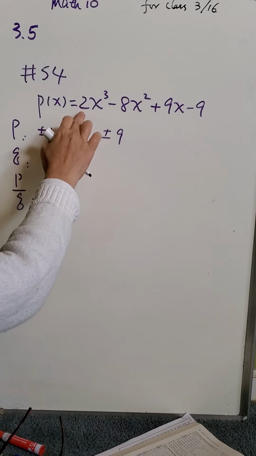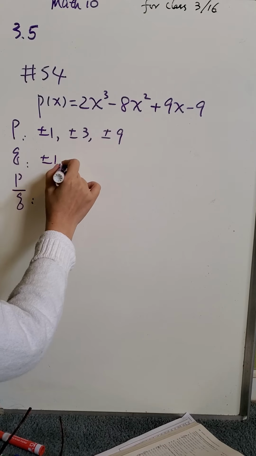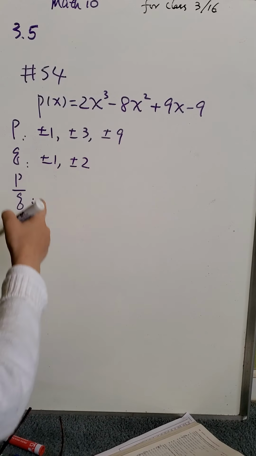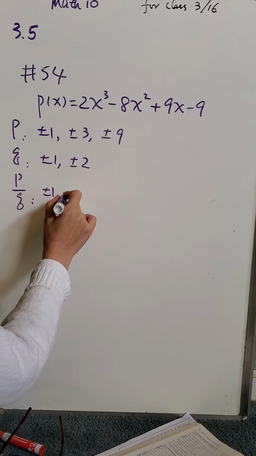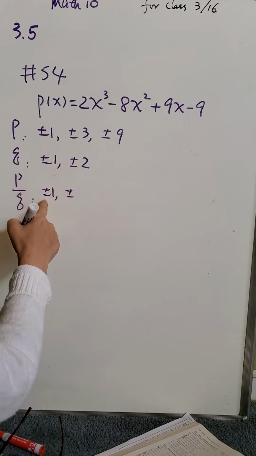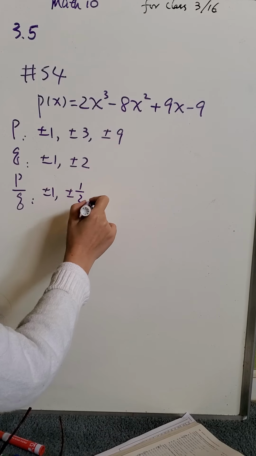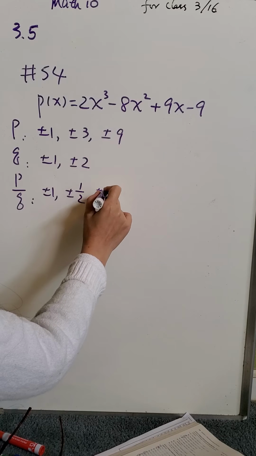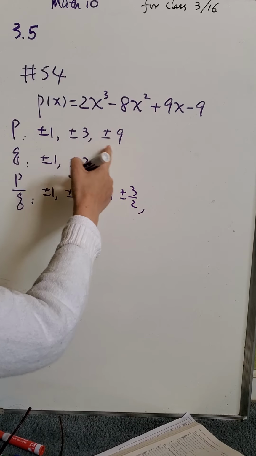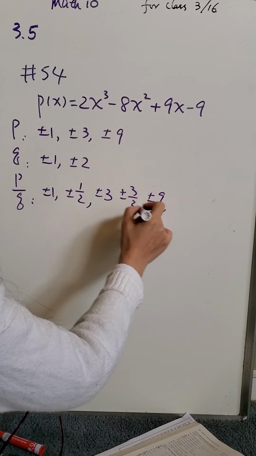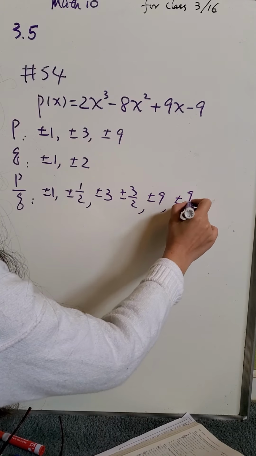All the numbers that divide 2: plus minus 1, plus minus 2. Then p over q will be plus minus 1, plus minus 1 over 2, plus minus 3, plus minus 3 over 2, plus minus 9, plus minus 9 over 2.